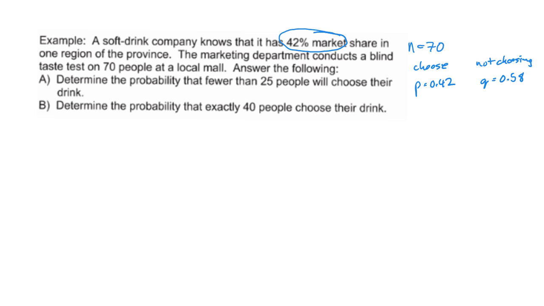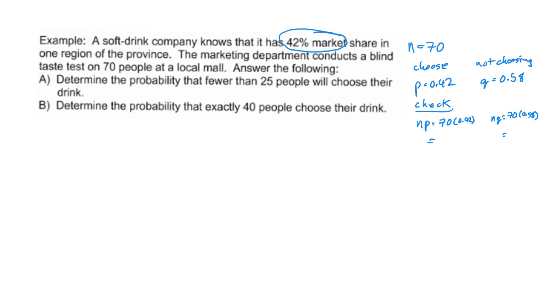All right. And now it says determine the probability that fewer than 25 people choose this. So if I try to use binomial distribution on this, it's just too cumbersome. So let's check. Our check is NP. NP is equal to 70 times 0.42. And our second check is NQ, which is equal to 70 times 0.58.